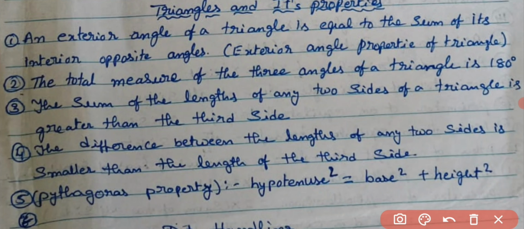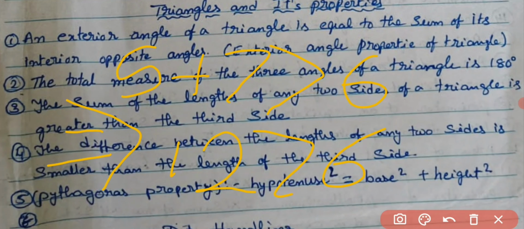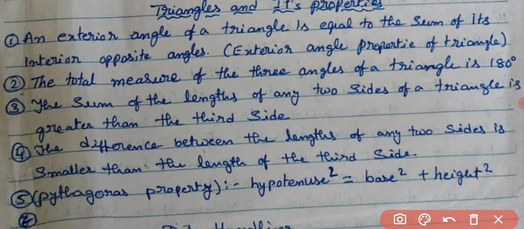If all three conditions are true, we can prove that these three sides are the sides of a triangle. The third condition is 5 plus 7, which gives 12, greater than 6. So it is also true, and we can prove that 5, 7 and 6 are the sides of a triangle.